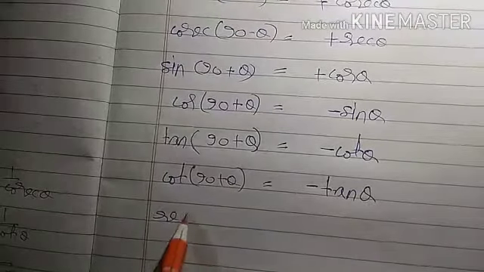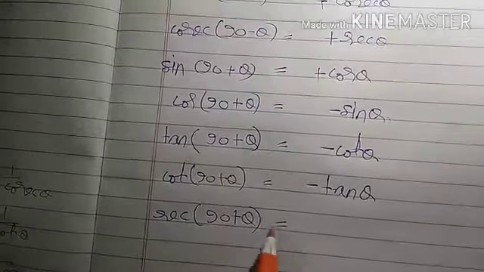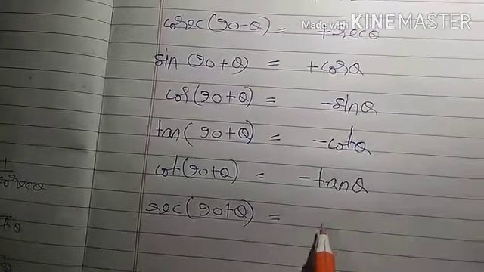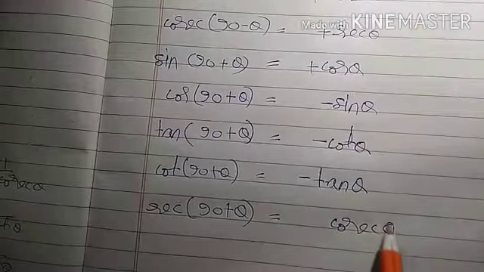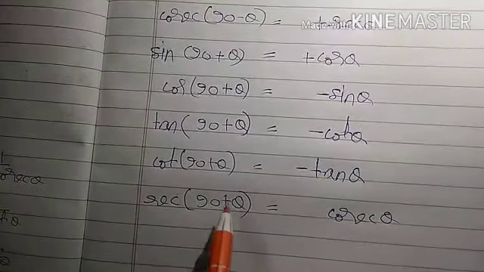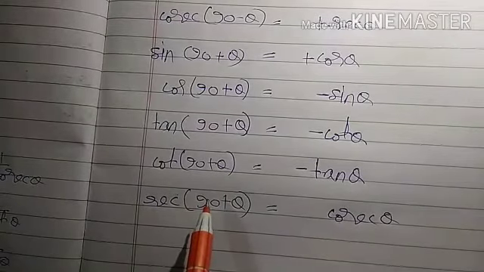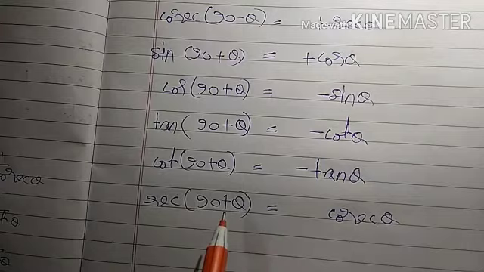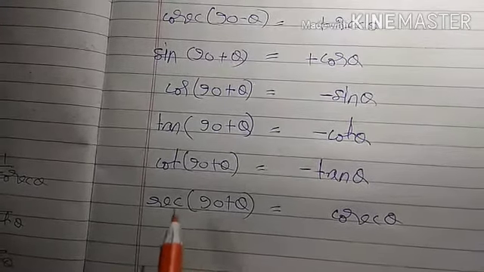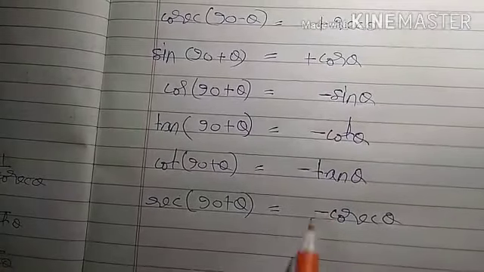Next, sec(90 plus theta): the function changes, sec theta changes to cosec theta, and 90 plus theta is in the second quadrant, where only sin theta and cosec theta are positive and the other functions are negative, so sec theta is negative.